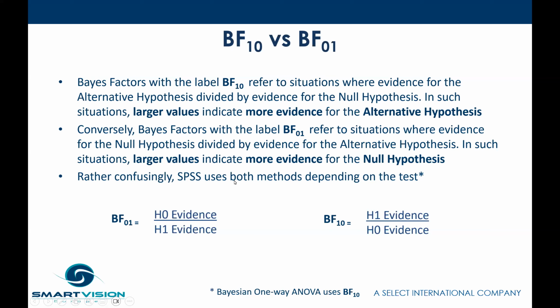Rather confusingly, SPSS uses both methods depending on the test. So t-tests, for example, use this method, but the one-way ANOVA uses that method. I would suggest that you just click on the help system when you're using it, and it will give you a little table for that test showing you how to interpret it.